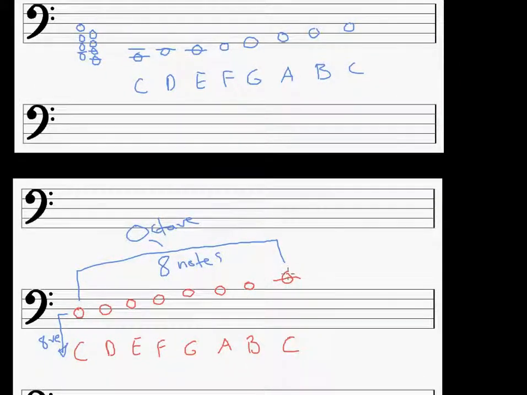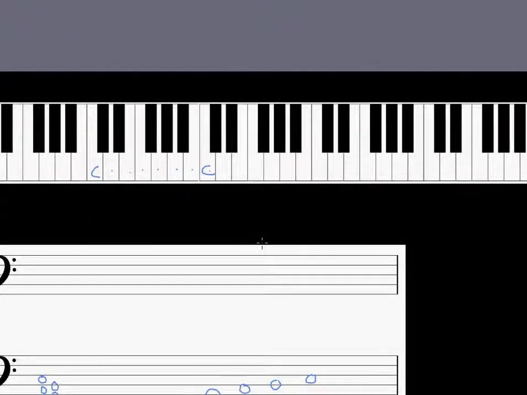But remember, here's middle C here. This C is 8 notes below middle C. So if we call this one middle C, then that one's this note here.